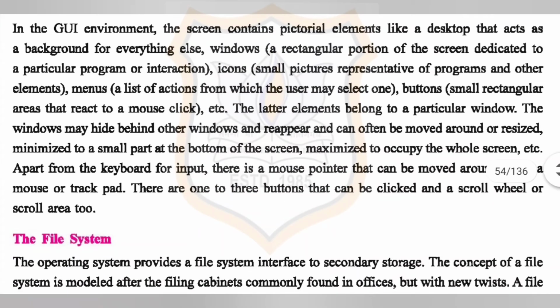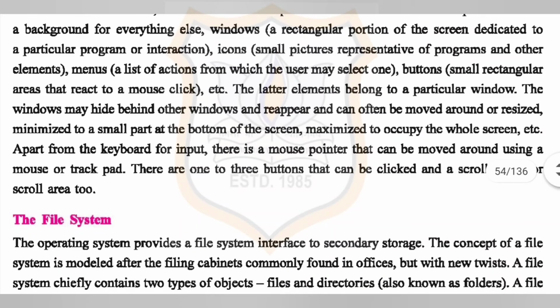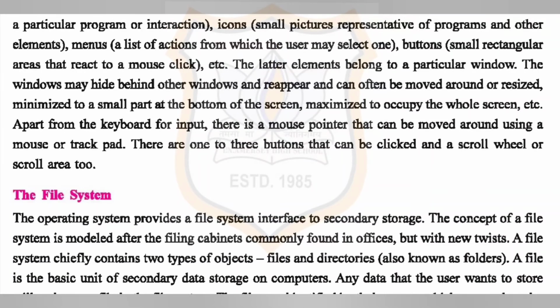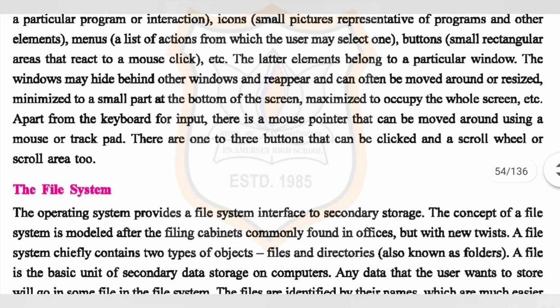In the GUI environment, the screen contains pictorial elements like a desktop that acts as a background for everything else, windows, a rectangular portion of the screen dedicated to a particular program or interaction, icons, small pictures representative of programs, and other elements. Menus, a list of actions from which the user may select one. Buttons, small rectangular areas that react to a mouse click, etc.